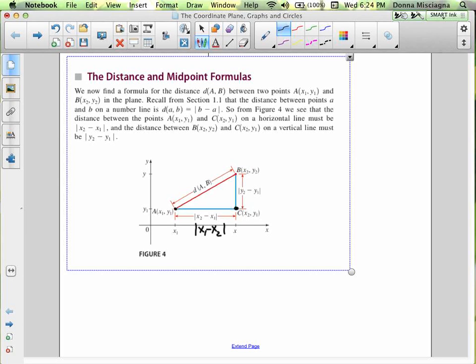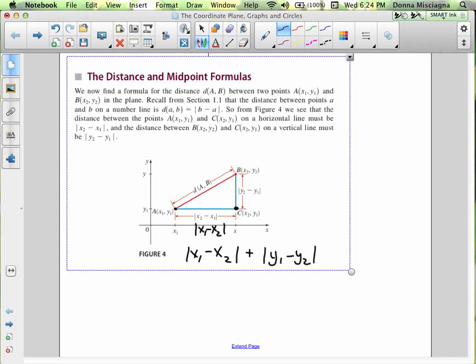If we take into consideration the horizontal distance, we have the absolute value of x1 minus x2. If we take into consideration the vertical distance, then we have the absolute value of y1 minus y2.